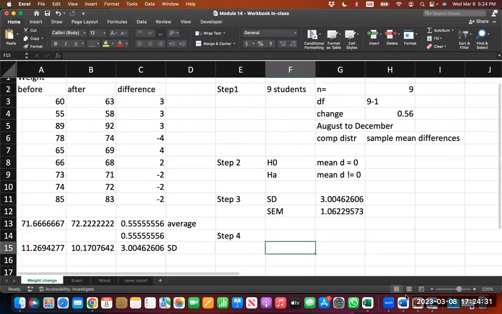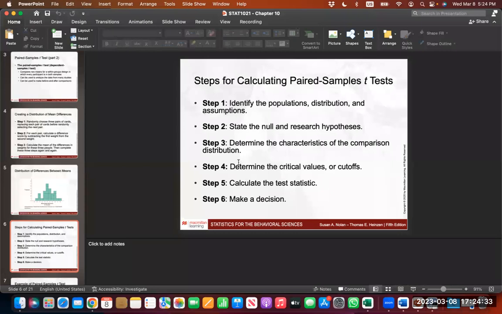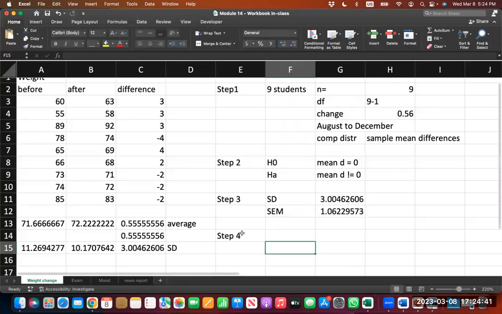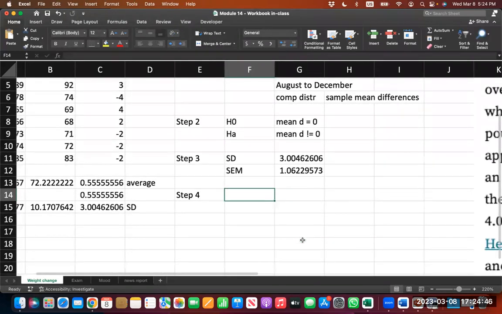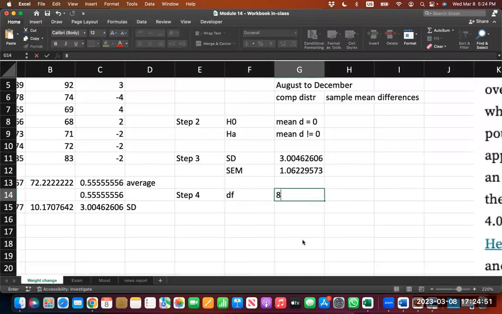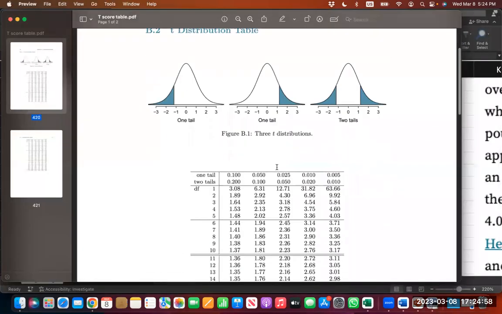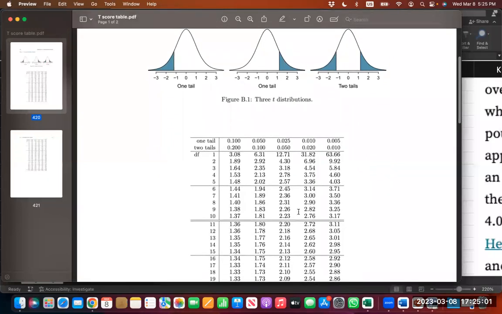So what we also need to define, and this is also listed here, is that we determine the critical values or the cutoffs. And that can easily be done, as we know already. So with a degree of freedom of 8, our critical value is, and this is where we consult the t-distribution table, with a degree of freedom of 8.